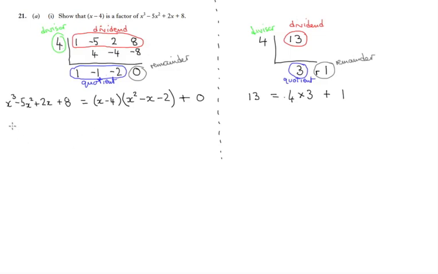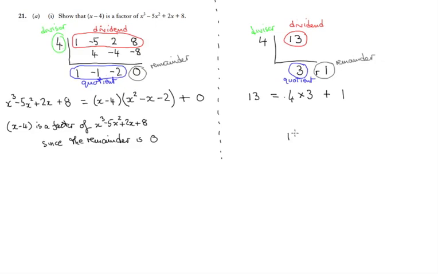Then our conclusion is that x minus 4 is a factor of that degree 3 polynomial, x cubed minus 5x squared plus 2x plus 8, since the remainder is 0. It goes exactly.